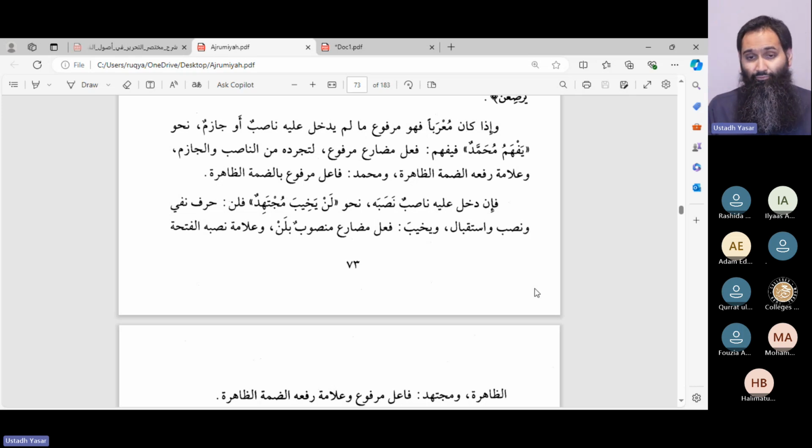There are some words that can come before a fi'l mudari and restrict it to hal, and some that restrict it to mustaqbal. But when it's on its own, it can have this meaning or that meaning. However, lan is one of those words that, if it comes before fi'l mudari, restricts us to istiqbal, mustaqbal. So that is the i'rab of lan.